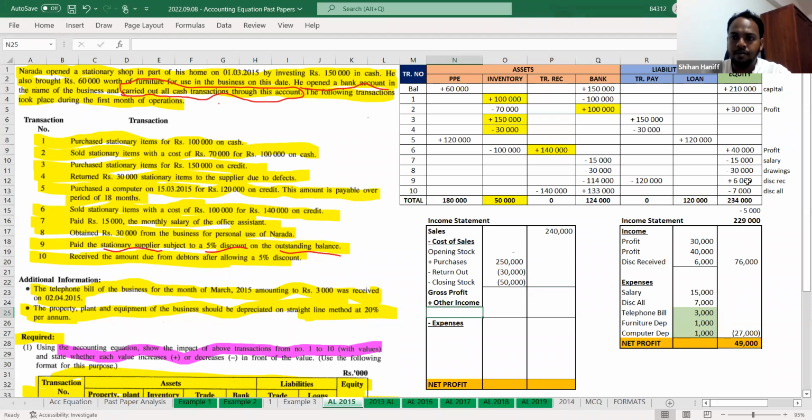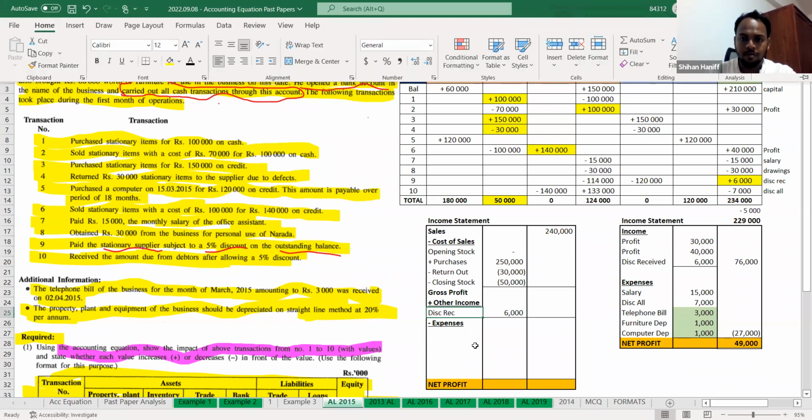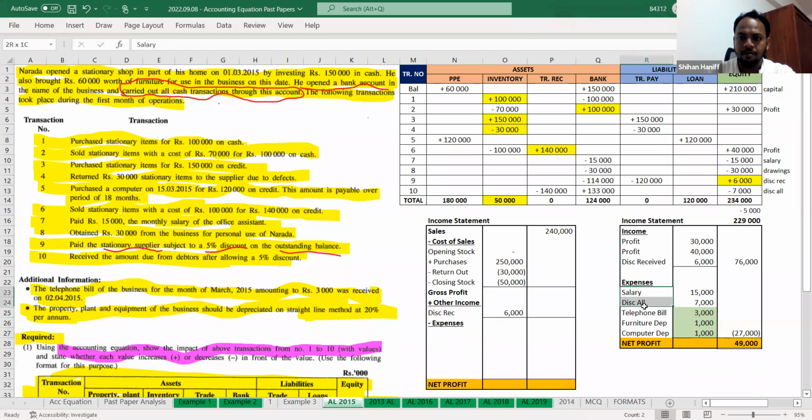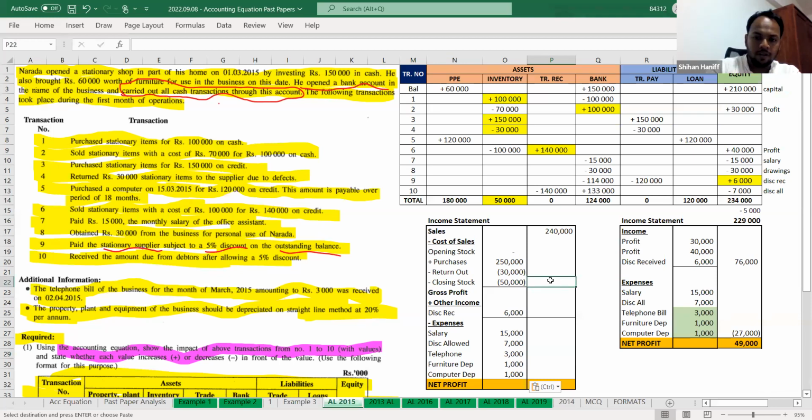Other income is this discount received. There's only one other income, 6,000. Expenses, all these expenses. Salary, discount. So that's it.